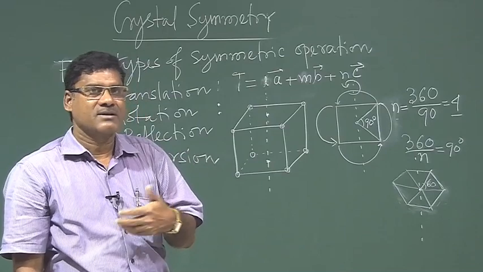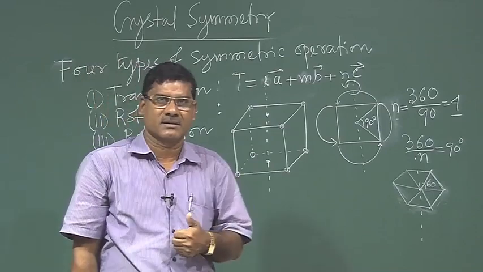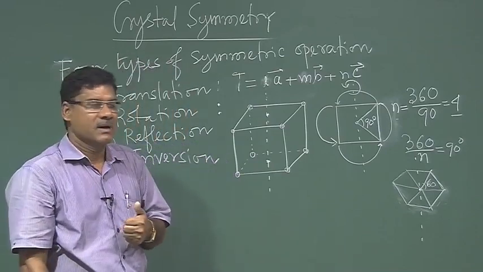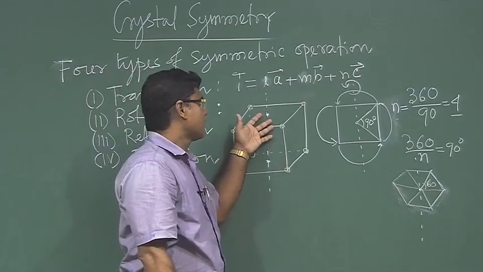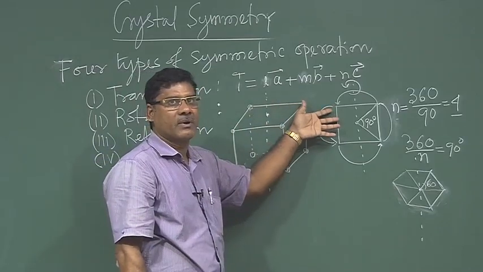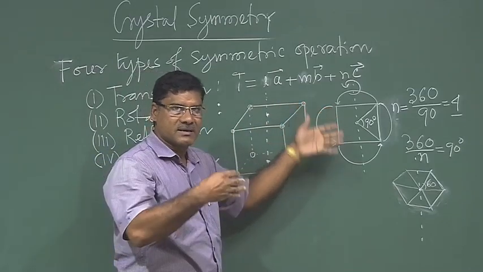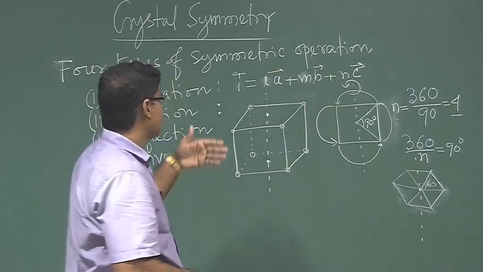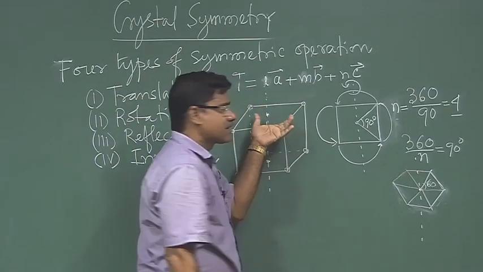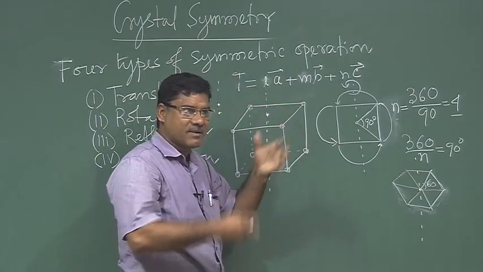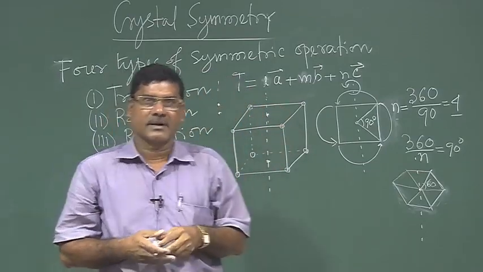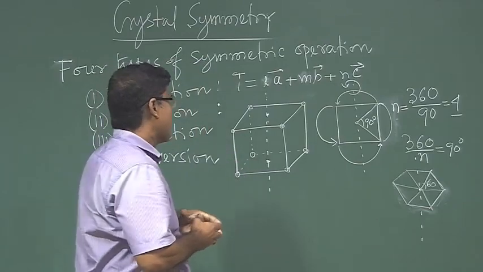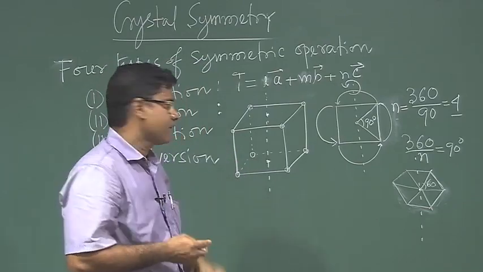Okay. That is obvious, it always happens, but it can be two-fold, three-fold, four-fold, as many number of folds of symmetry. That tells that this system is more symmetric, it has a higher degree of symmetry.